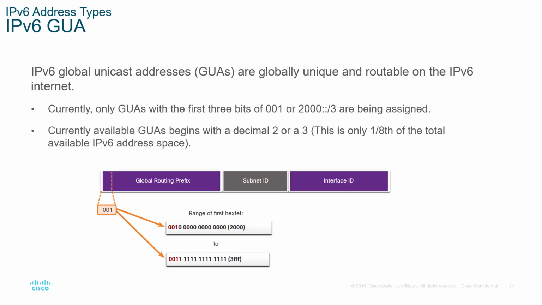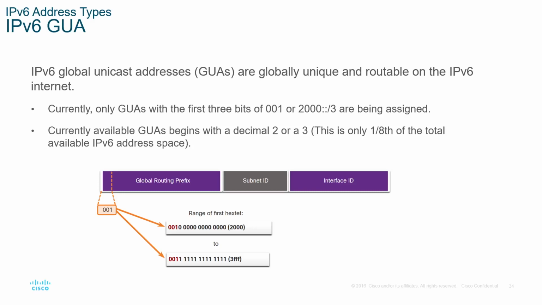Currently available GUAs begin with a decimal 2 or a 3. This is only 1/8 of the total available IPv6 address space. So pretty much everything that we see nowadays will start with 001 in the global routing prefix. In other words, the range can be from 2000 all the way up to 3FFF.